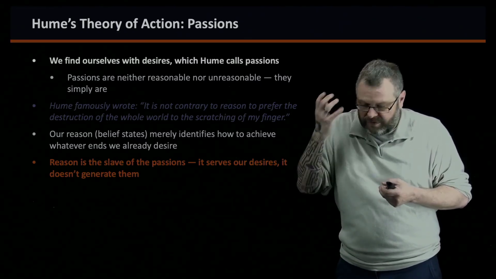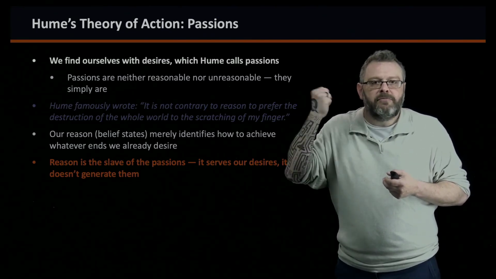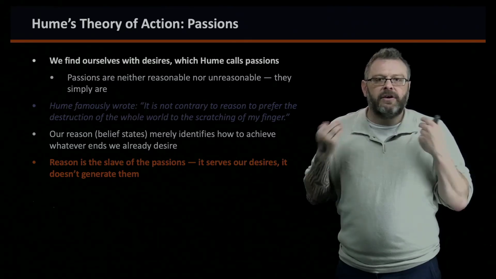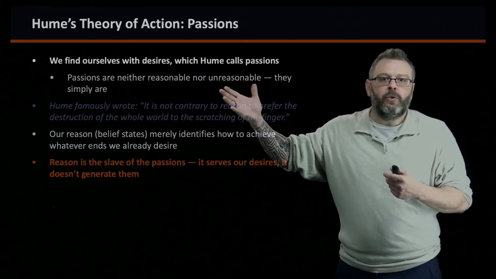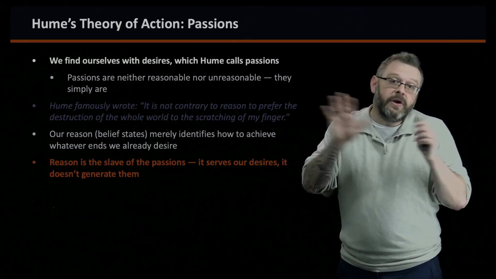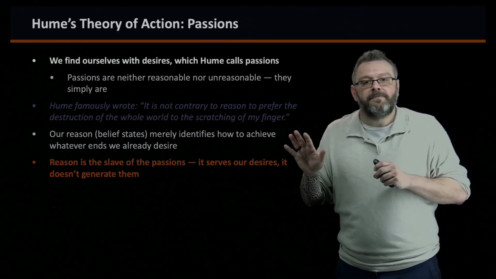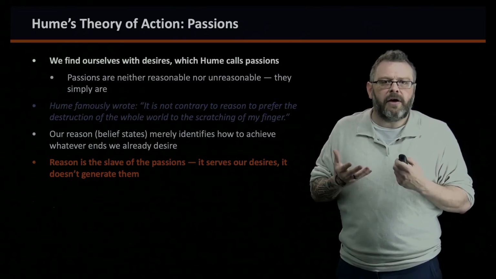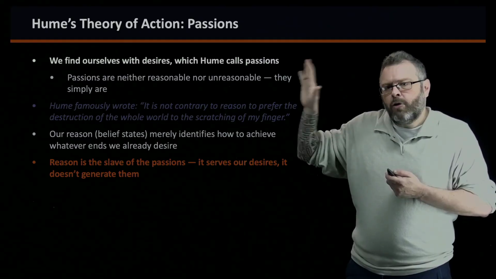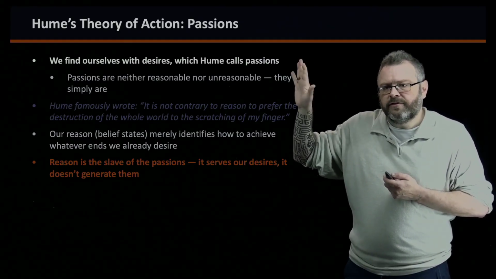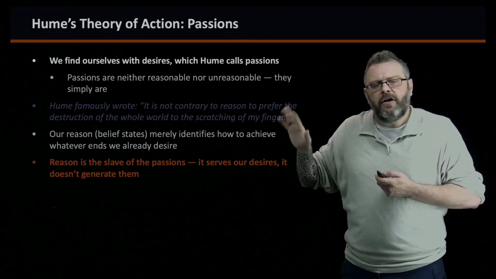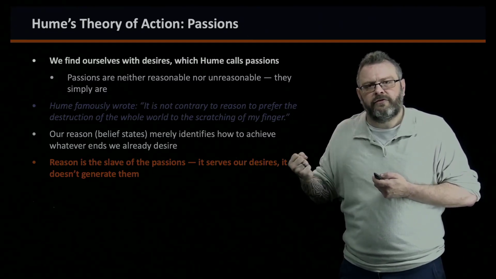It does what the passions are demanding. So whatever you end up doing, that is because you wanted to do it. Now, this has some implications for his view on free will and stuff like that, which are really interesting to talk about. But our focus here is just, look, our passions are things that we just kind of find ourselves with, and they are the motivating factors for us.